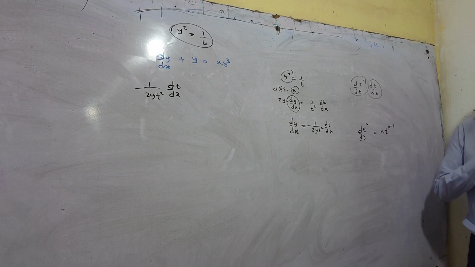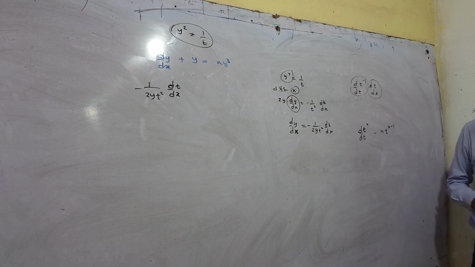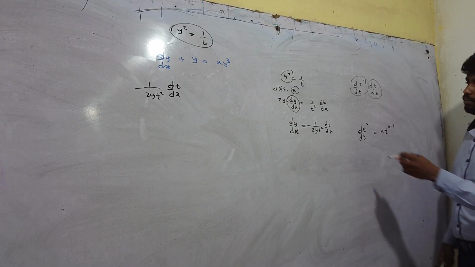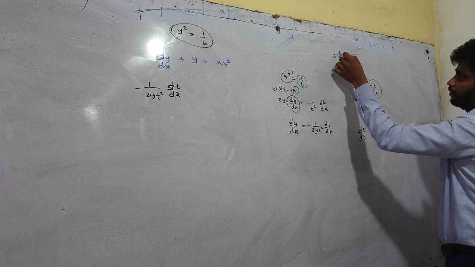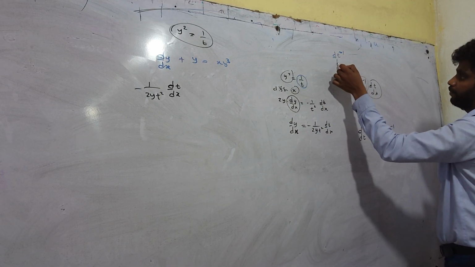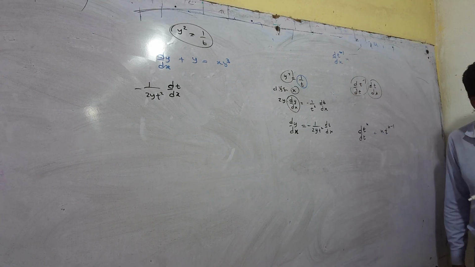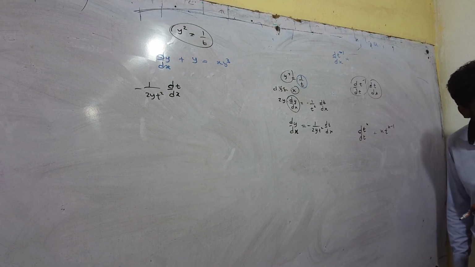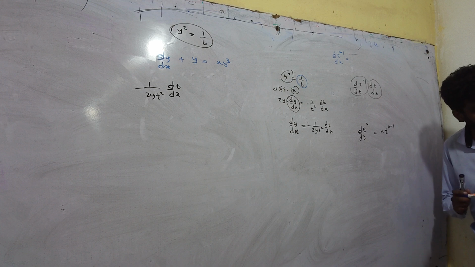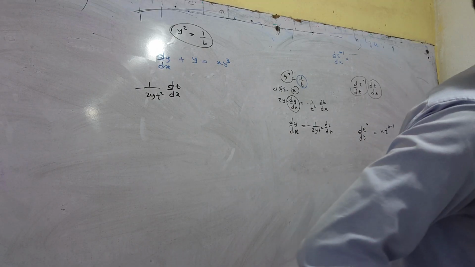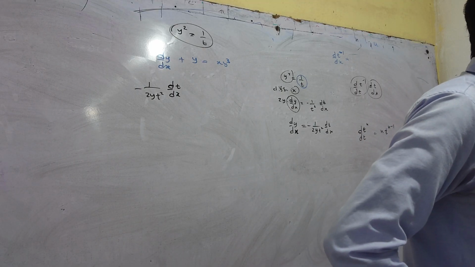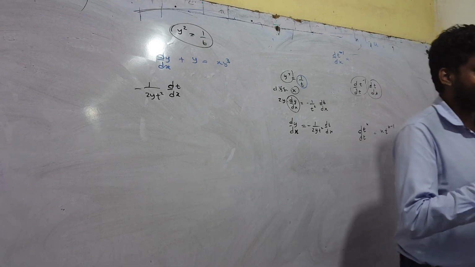Then dt over dx, how did it come? Using chain rule. What we are supposed to do is differentiate this with respect to x. Can you differentiate that directly with respect to x, can we? No.